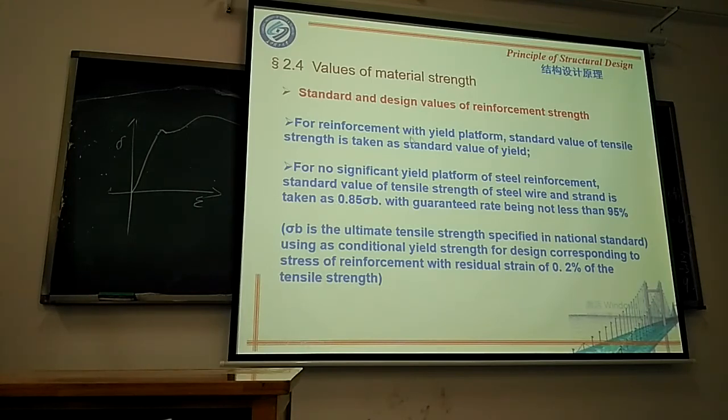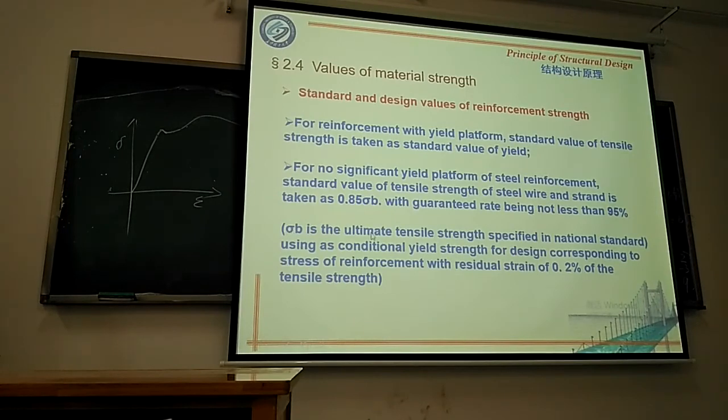So for reinforcement with a yield platform, the standard value of the tensile strength is taken as the standard value of the yield strength. For reinforcement with no significant yield platform, the standard value of the tensile strength of steel wire and strand is taken as 0.85 sigma b, with a guarantee rate not less than 95%.